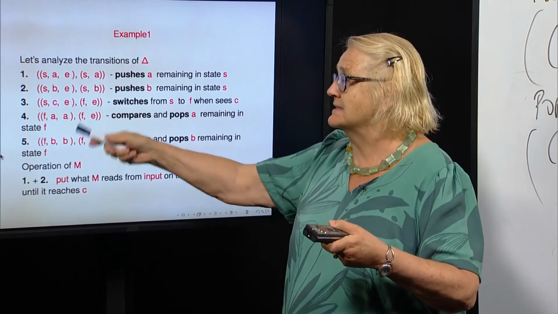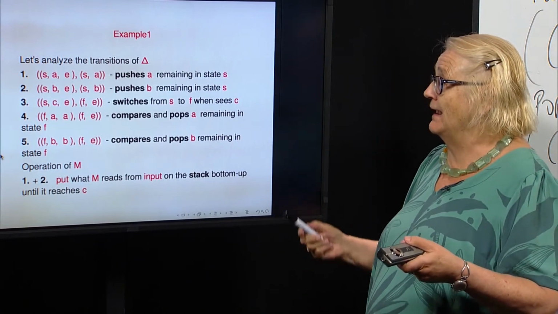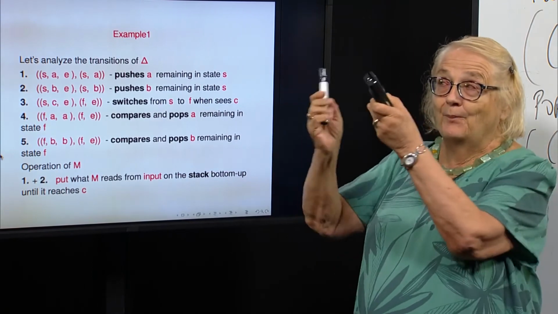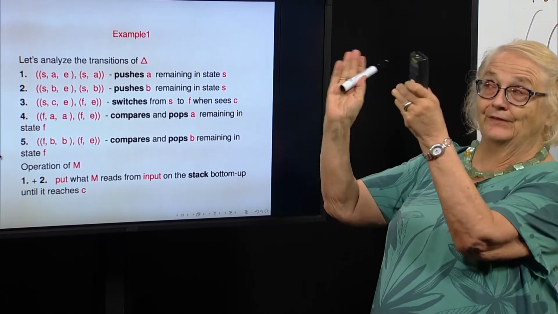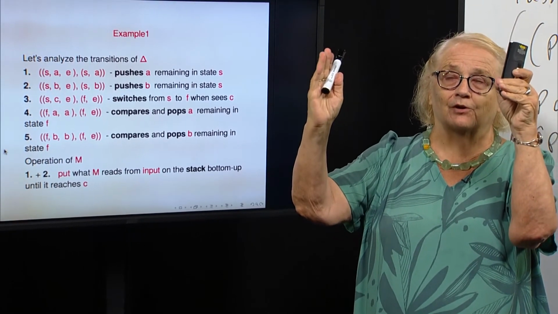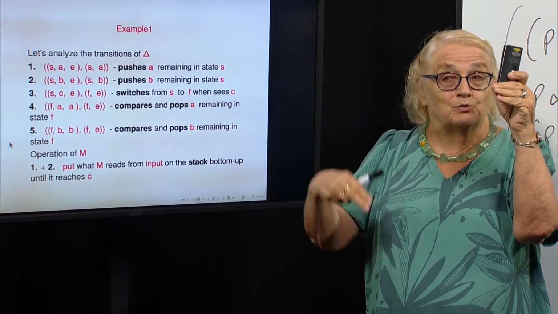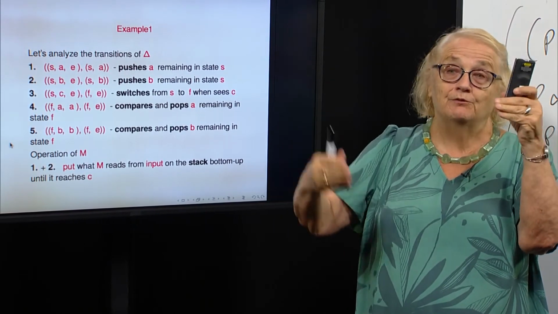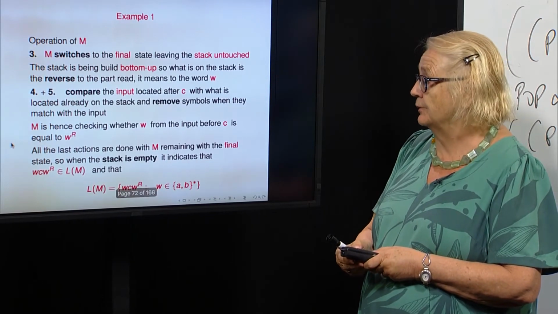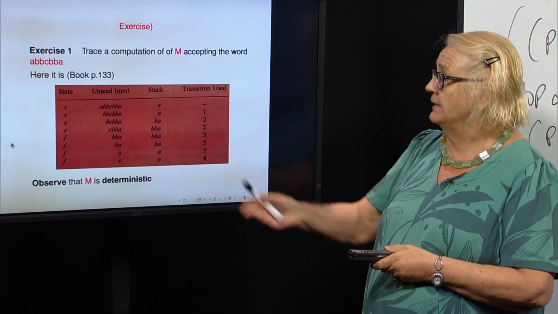If I see A, I compare A and pop A. If I see B, I do the same: whatever I see on the remaining part of the input, I compare exactly with the stack, which was W reverse of what you read already, and that's simple.